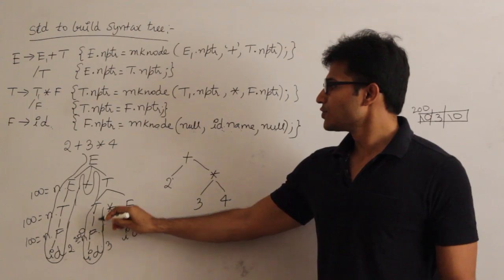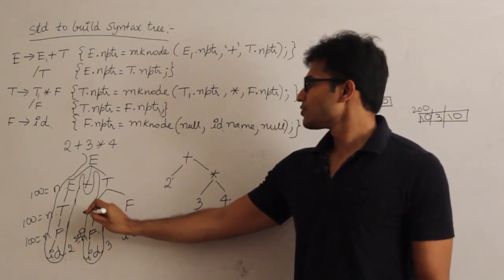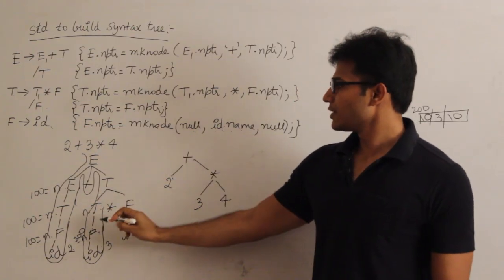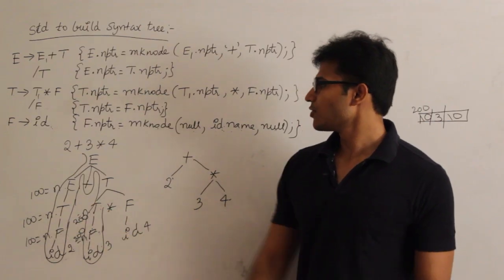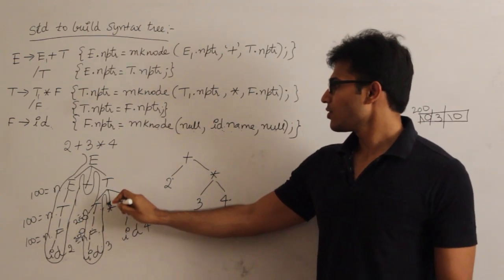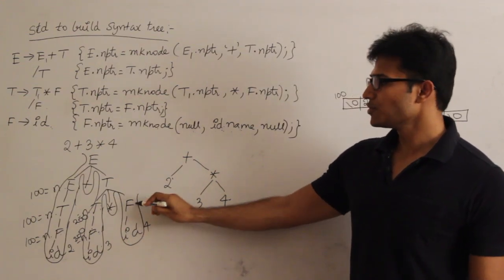Now f is reduced to t. When f is reduced to t, t.nptr should be equal to f.nptr. That is the rule there, which means t.nptr equal to 200. And now again there is a reduction, ID is reduced to f.